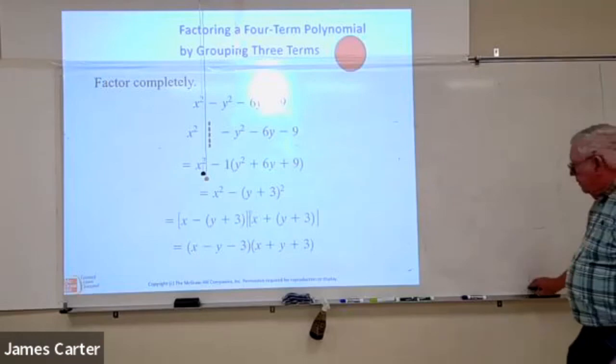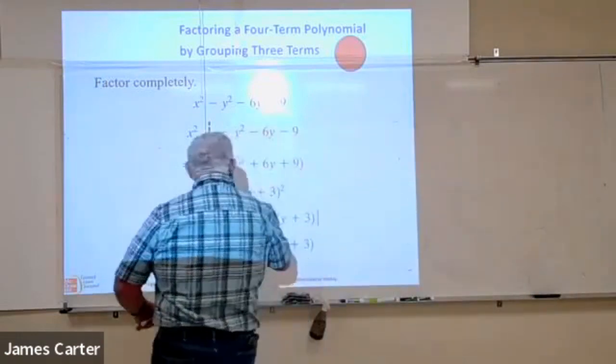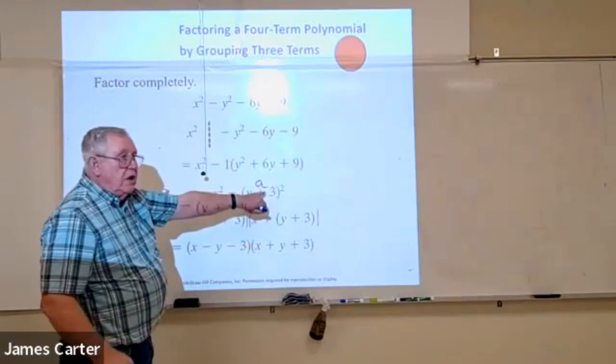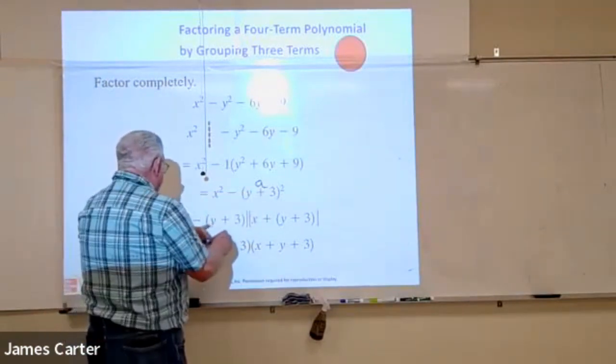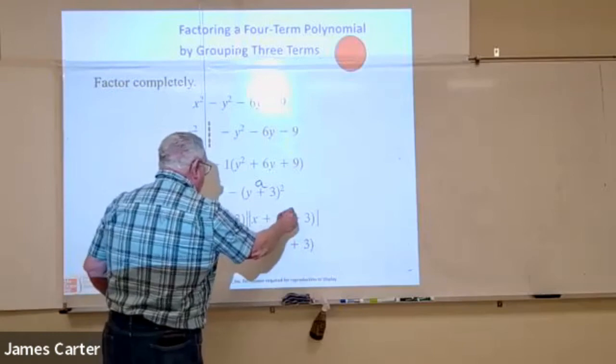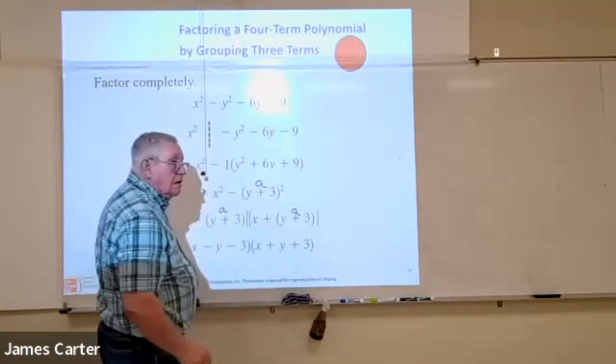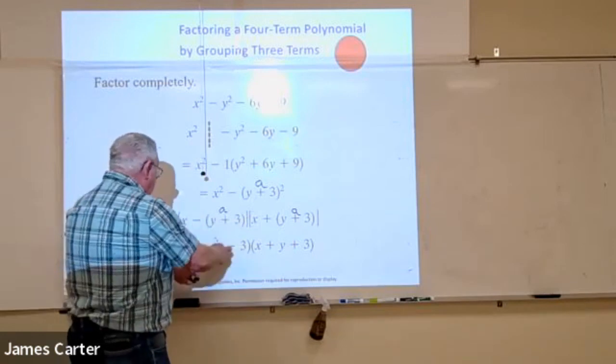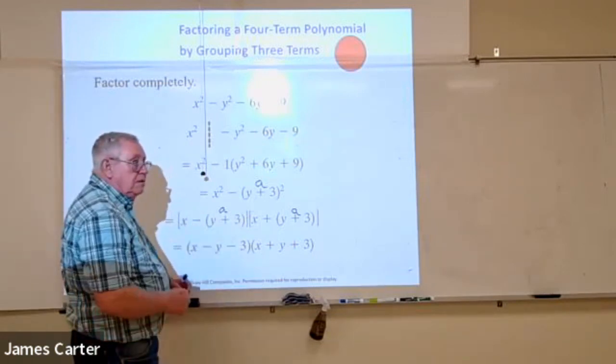What if we replace this with a? X squared minus a squared, then you would have x minus a and x plus a. This one is just taking those and simplifying them together.